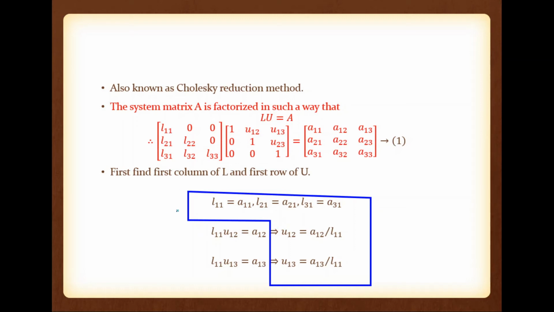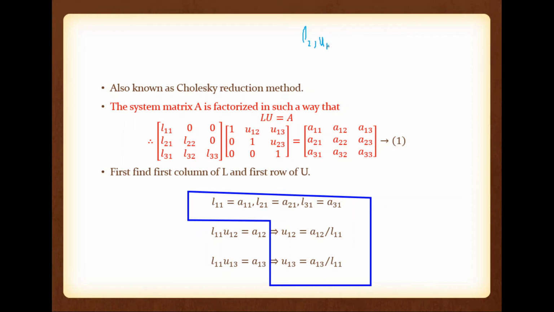Now what we have to do? We have to travel through the second column of A. We already have A12, so we have to find A22 and A32. What is A22? A22 means second row of L into second column of U. So what is that? L21 into U12.